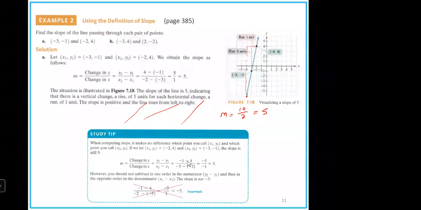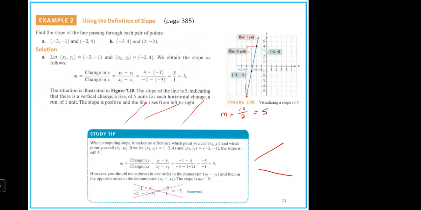So you see here they have 1 minus 4 and -3 minus -2. You have to be consistent. But if you change it around like this and put the -2 first, you change the order around, then it's going to affect the answer and this will end up being negative. And slopes that are negative do not rise, they actually fall.